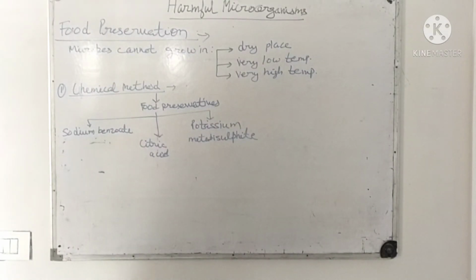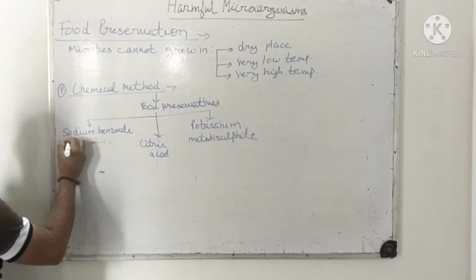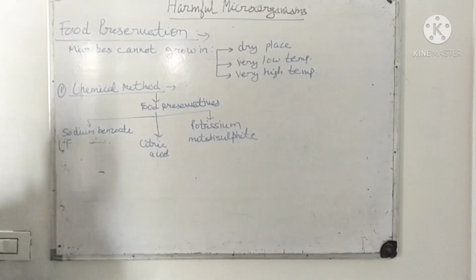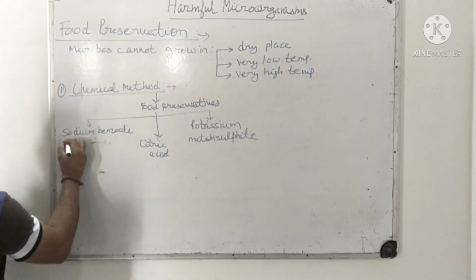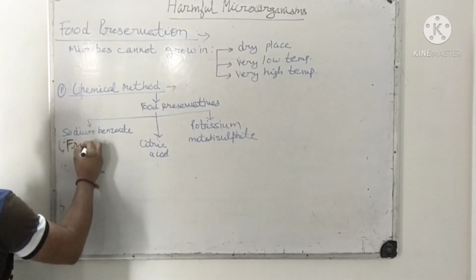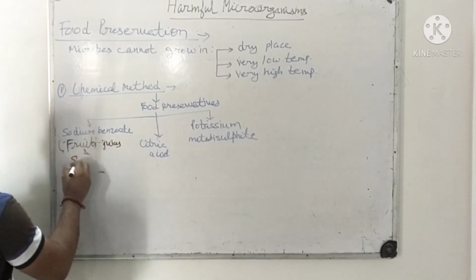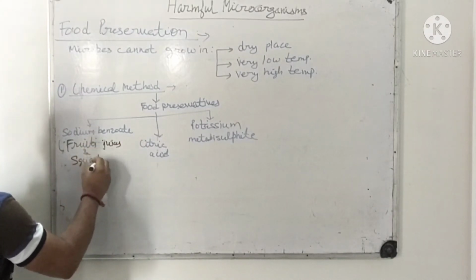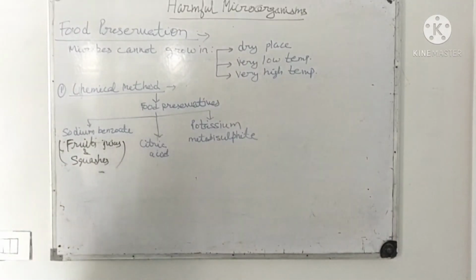So where are they used? Sodium benzoate is used for fruit juices and squashes, to preserve them.